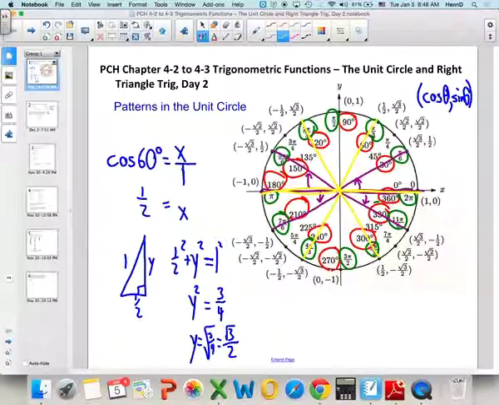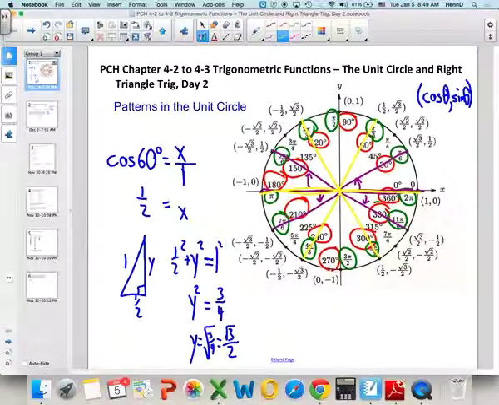And 6 pi over 5 and 7 pi over 5 would as well. Alright, so those are all some different patterns within the radian measures.